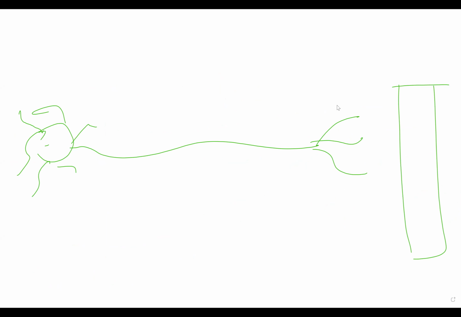Here, we have one neuron. So this is the synaptic cleft, the gap between. That's the synaptic cleft. Now, when the action potential travels and reaches here, neurotransmitters formed in vesicles are released, especially acetylcholine.